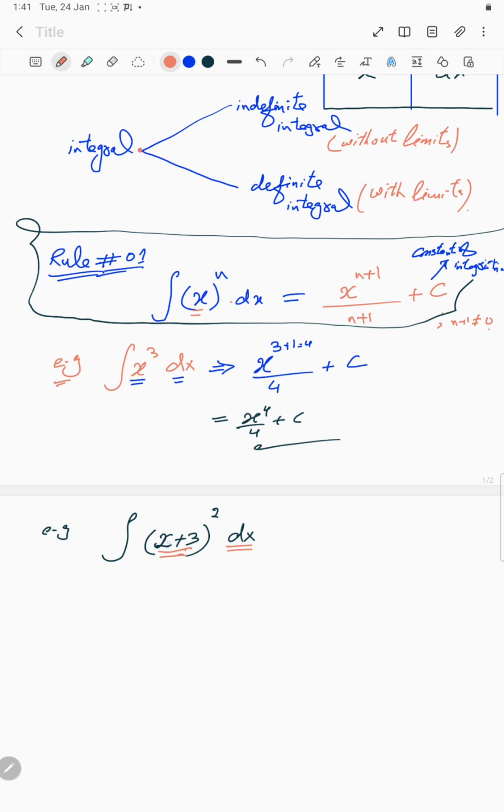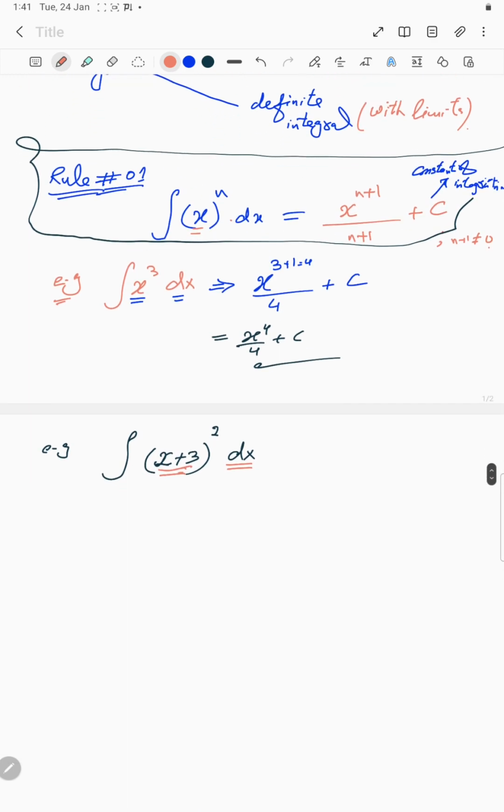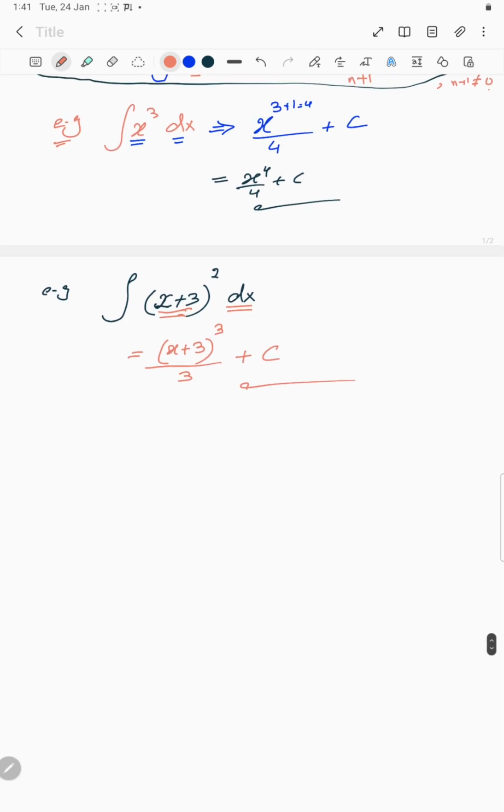X differential is dx, y differential is dy, t is dt, and so on. So you write the function, add 1 to the power, it becomes 3, divided by 3 plus the constant of integration. This is the answer.